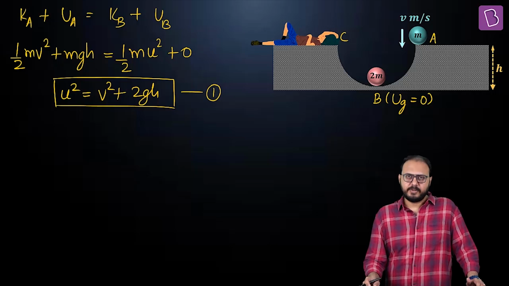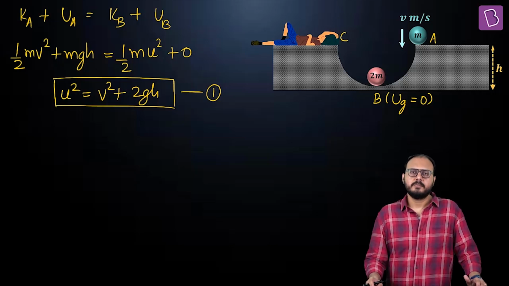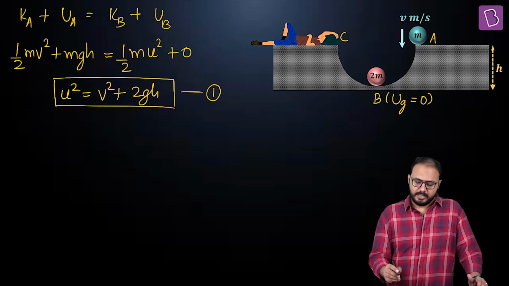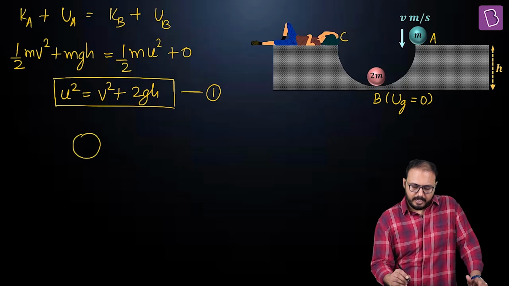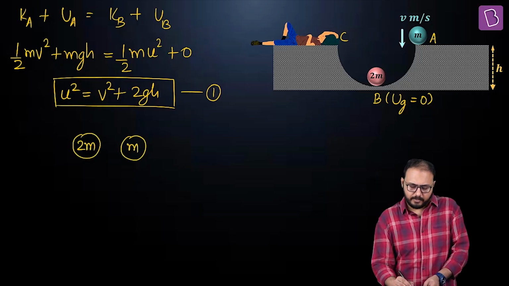What are we supposed to find, sir? We are supposed to find v. I know that. Hold on. First equation is clear? Now what happens? Let me exaggerate the diagram a little bit for you. 2m and m. You will solve this. Pen ready? Notebook ready?